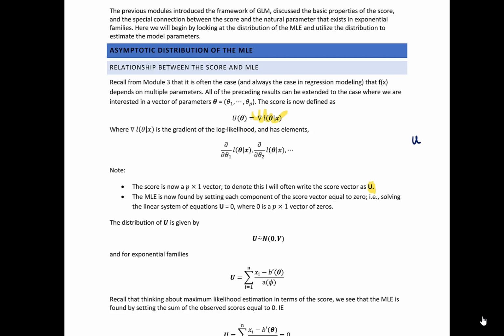So the MLE is now found by setting each of those components of the score vector equal to 0. It's basically the exact same thing we did before.